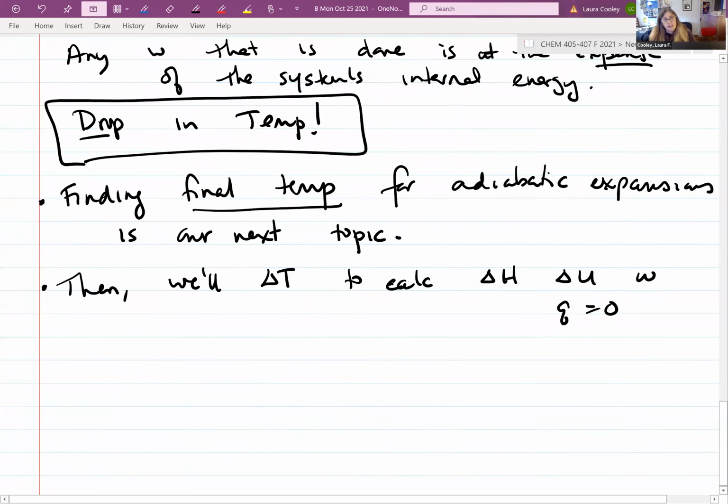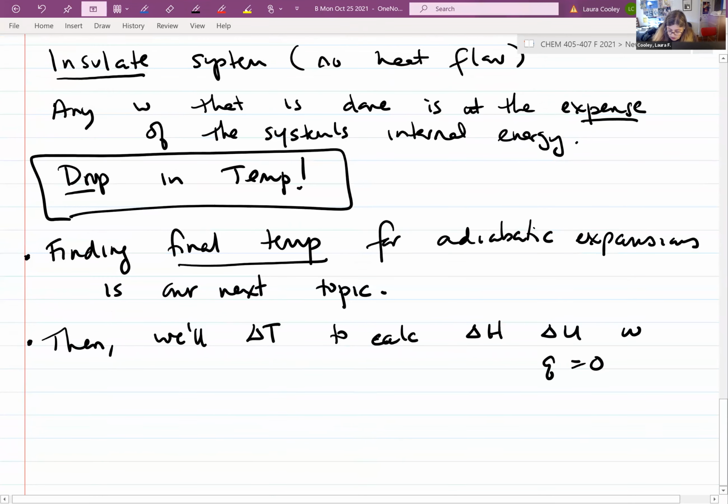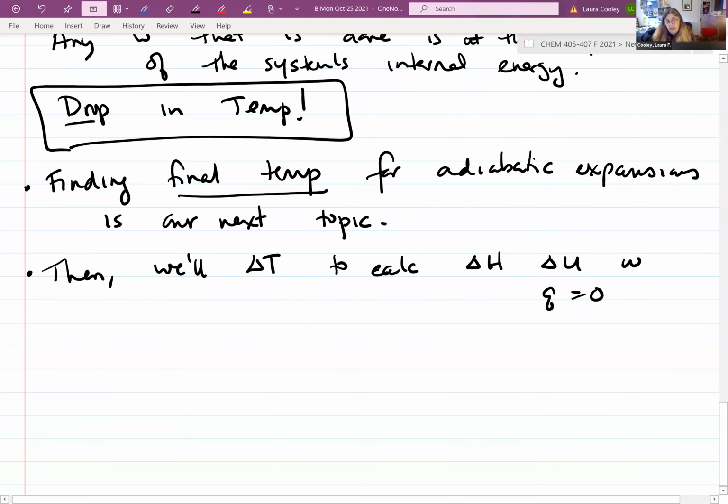So how do we get this final temperature? Well, first of all, it depends on the type of adiabatic expansion. So there are two main, like I said, idealized situations.